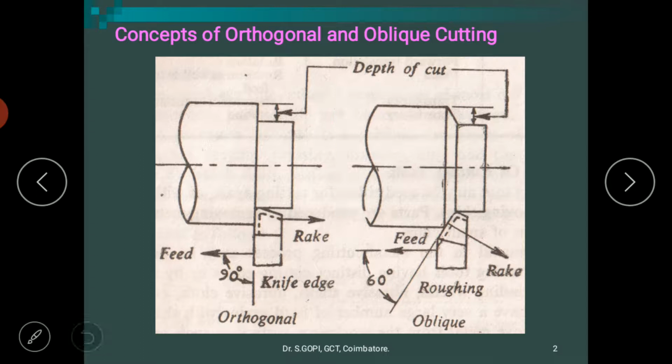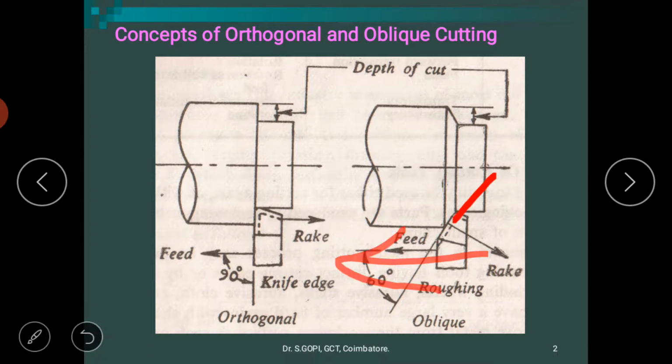But in the case of oblique cutting, the cutting force is the same, due to the downward force between the cutting tool edge and the work material at the depth of cut. There is the cutting force, and another force due to the axial feed.